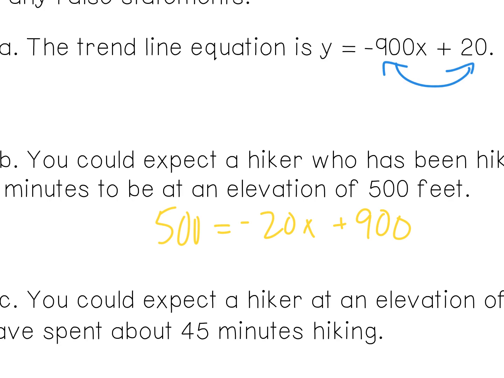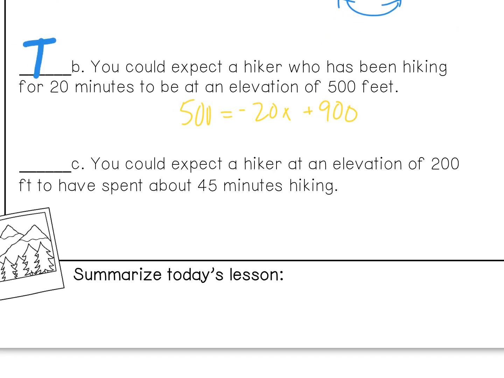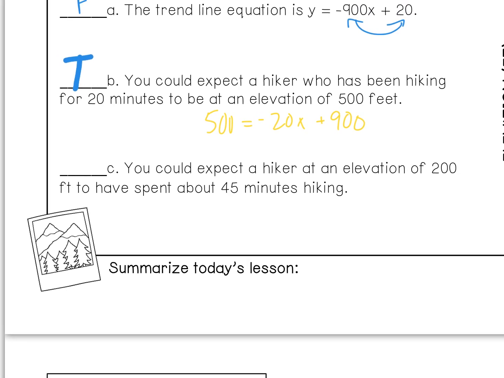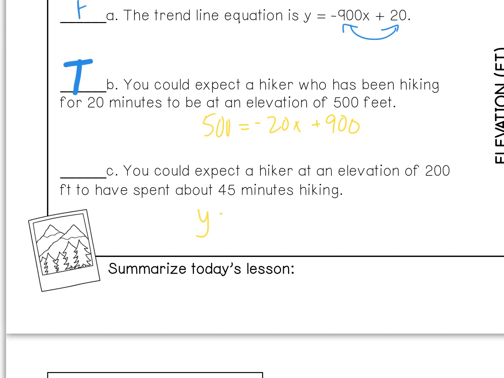Okay. So same thing. C, could you expect a hiker at an elevation of 200 feet to have spent 45 minutes hiking? So y equals negative 20 times 45 plus 900. So I plugged in 45 minutes for x.